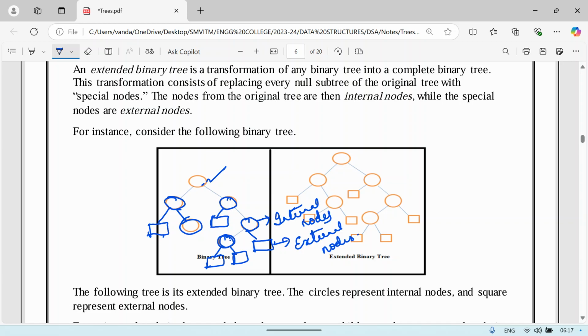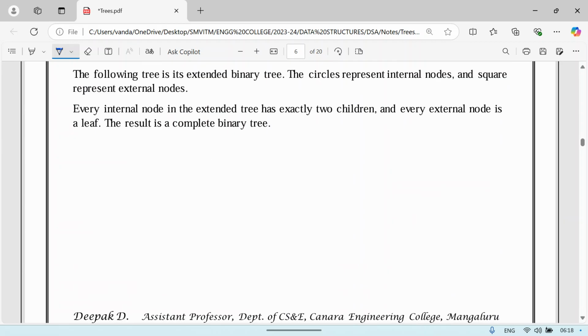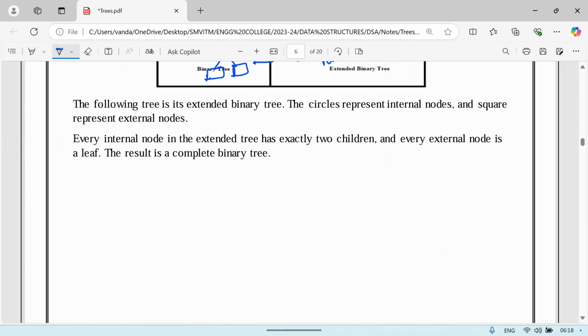This is your extended binary tree where the existing nodes are already present and you add new nodes so that every node has two child nodes. Here, every internal node in the extended binary tree has exactly two children, and every external node is a leaf. The result is a complete binary tree.